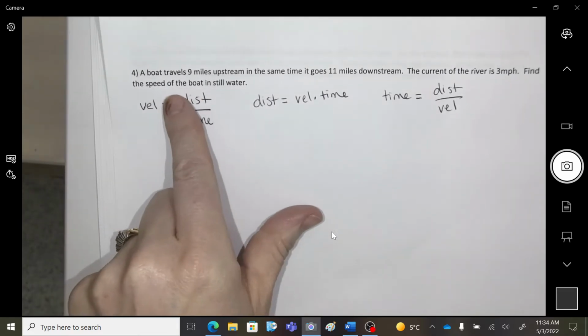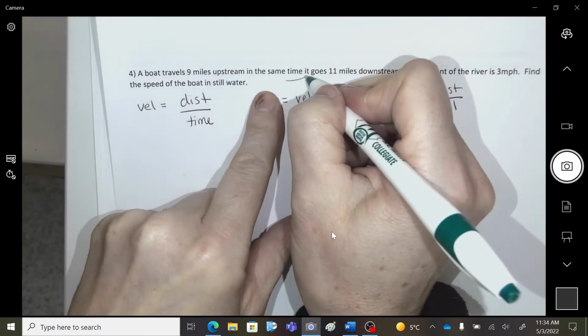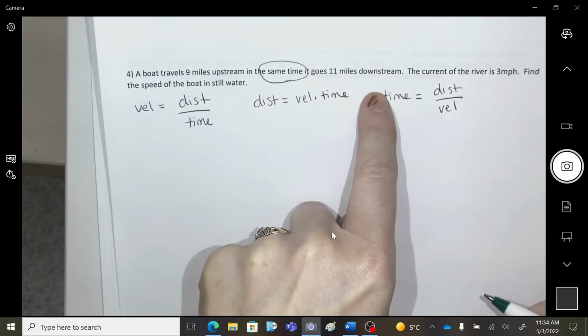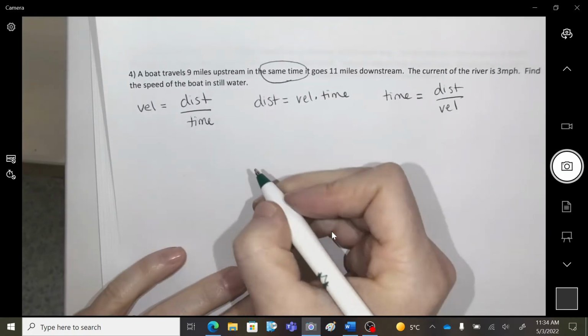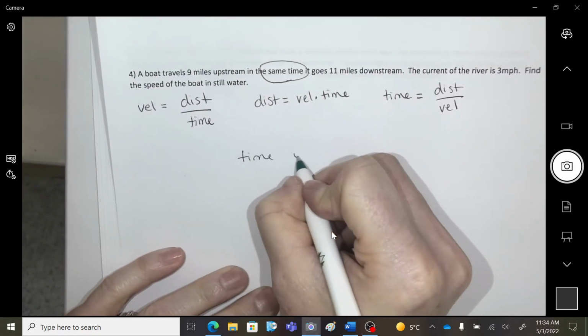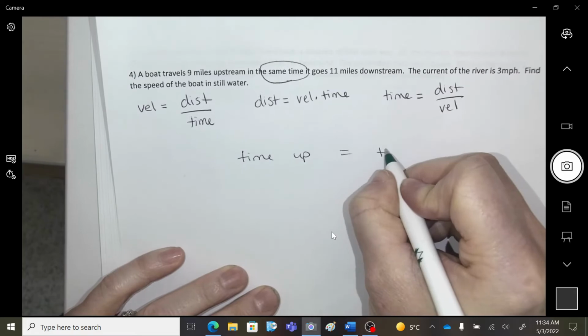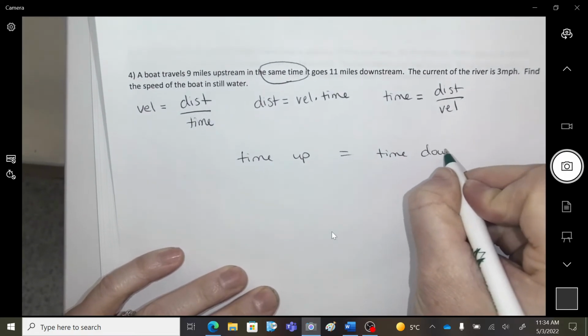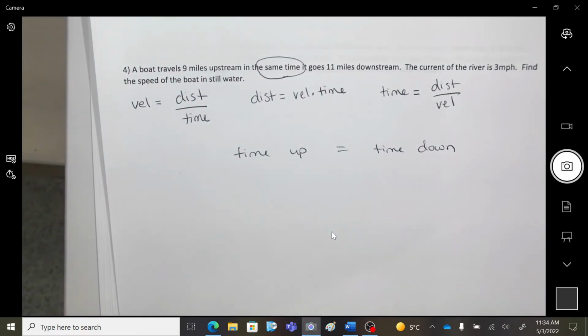A boat's going to go upstream in the same time it goes downstream. The time to go upstream is the same as the time it's going to go downstream.